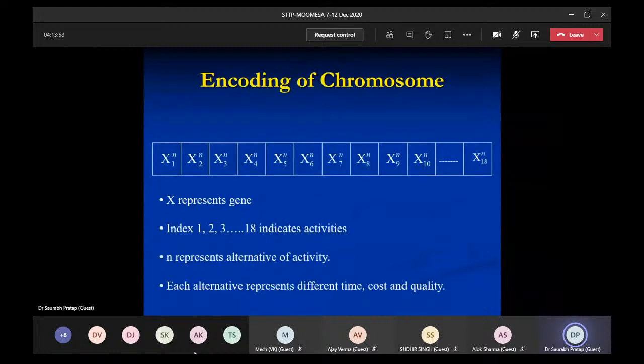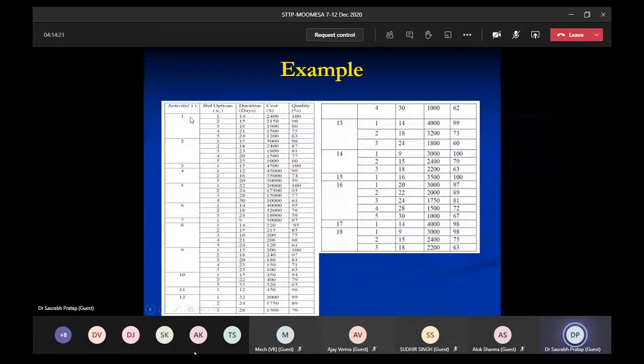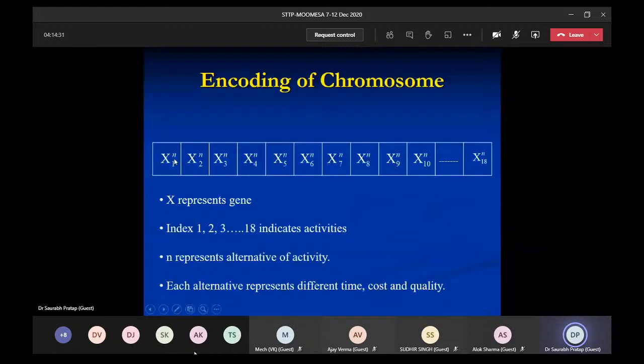Now, the encoding of the chromosomes: X represents the gene, and these blocks represent the activities. We have 18 activities, and index n represents the alternative of the activity. This x1n means that for activity one we have 5 bidding options, so for that block we have x11, x12, x13, x14 and x15.